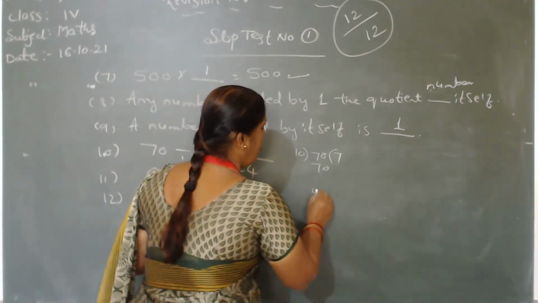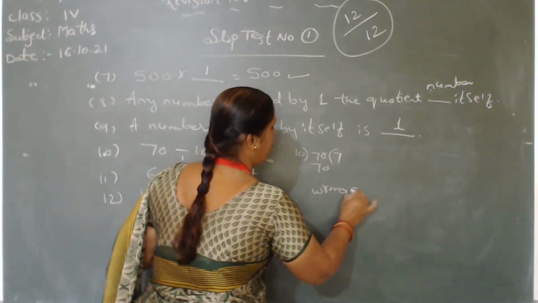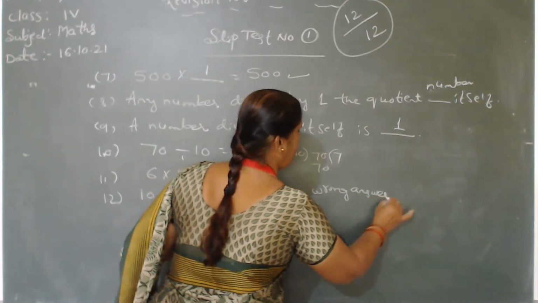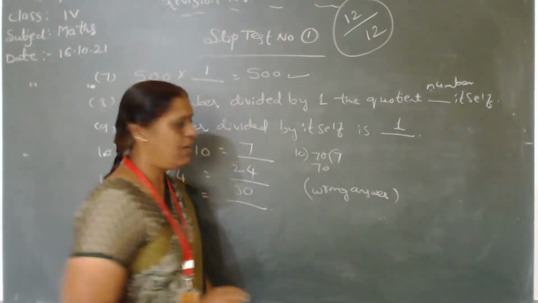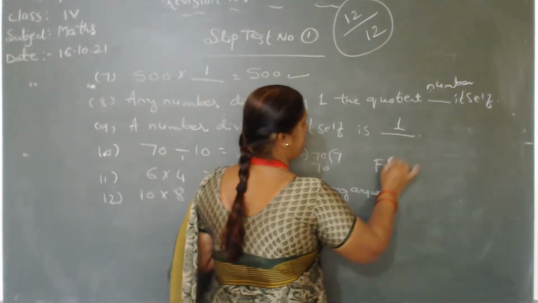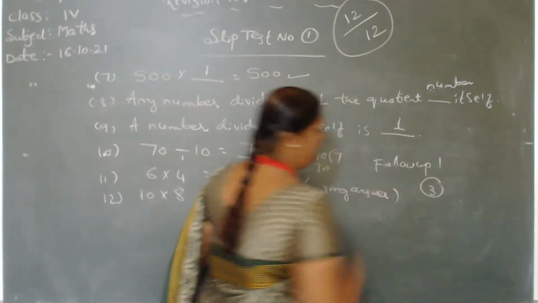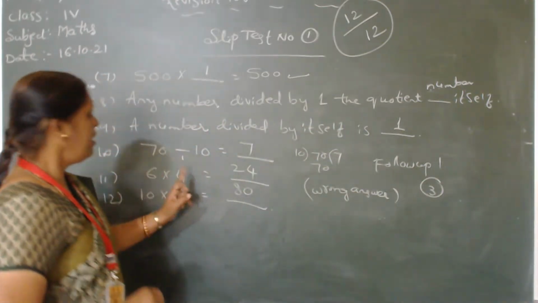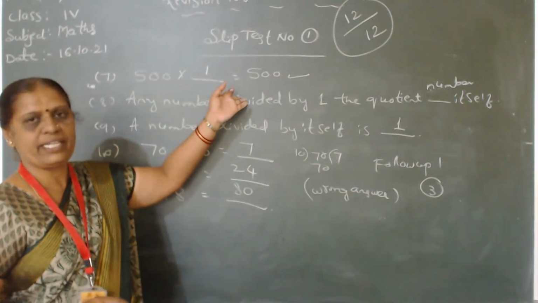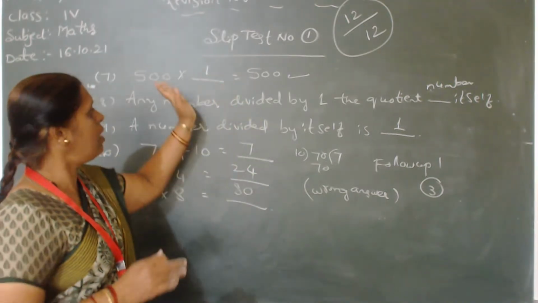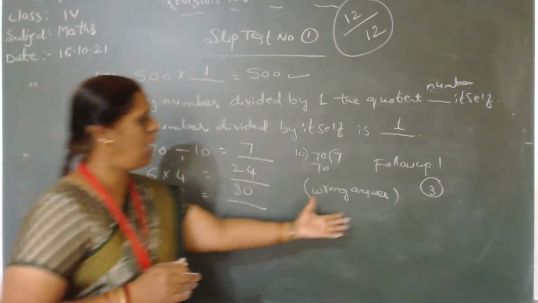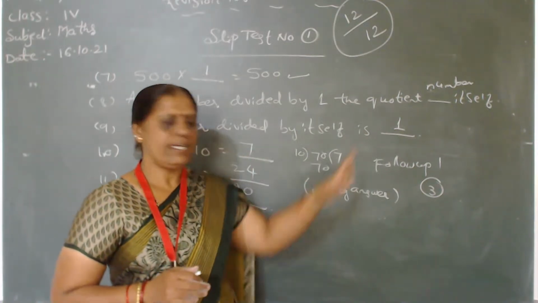For a wrong answer, the follow-up will be 3 times. Suppose you have written this wrong, this wrong, same with the question and answer, you have to write it 3 times.